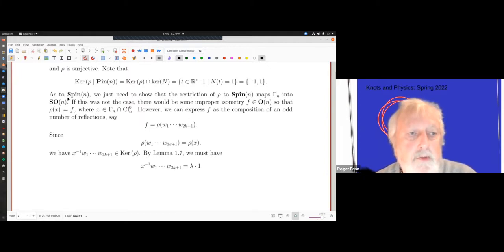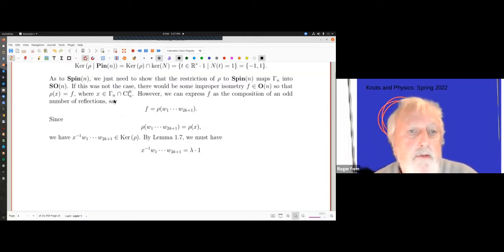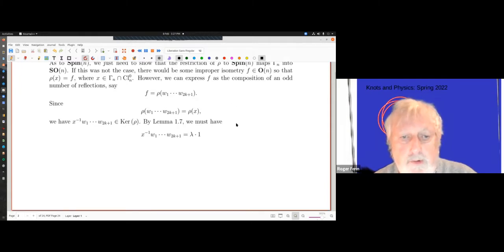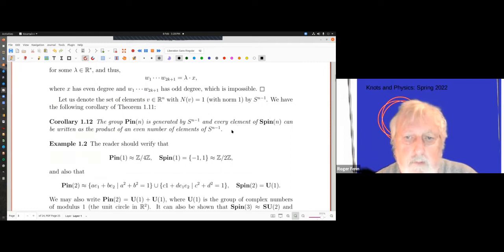And this is also Spin, obviously by taking determinants or something. Spin is a product of an even number of reflections. And so it says here, the group Pin is generated by the unit vectors in Rn, so that's S^(n-1).